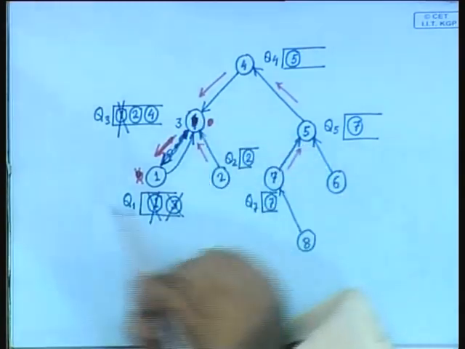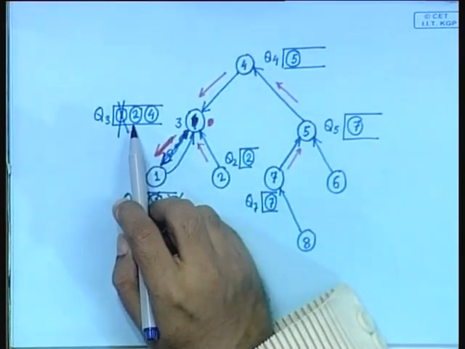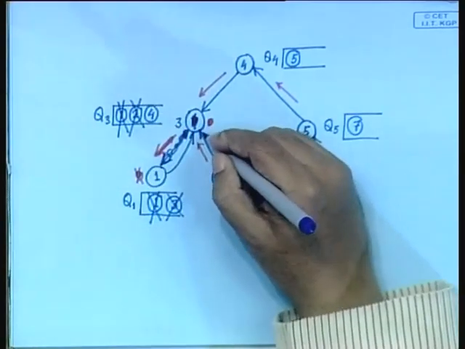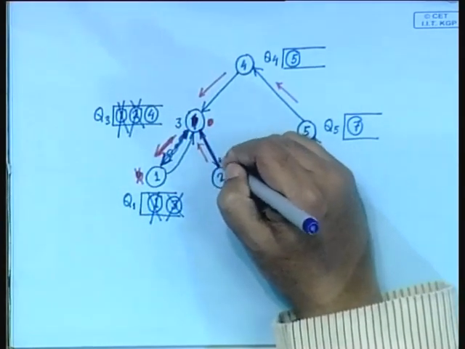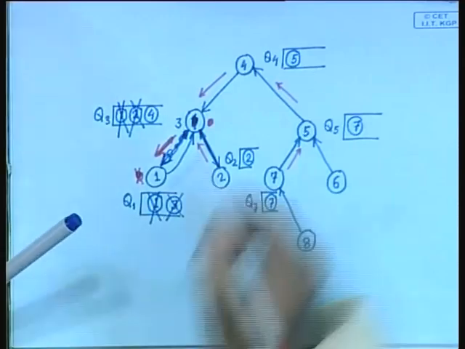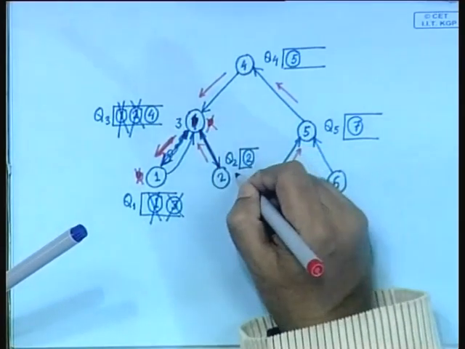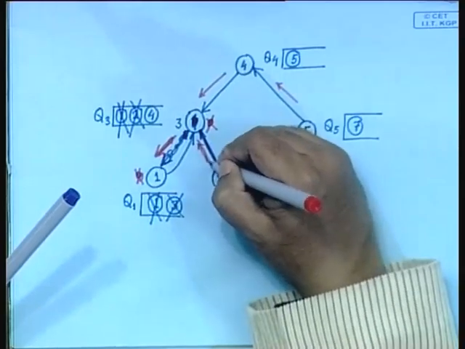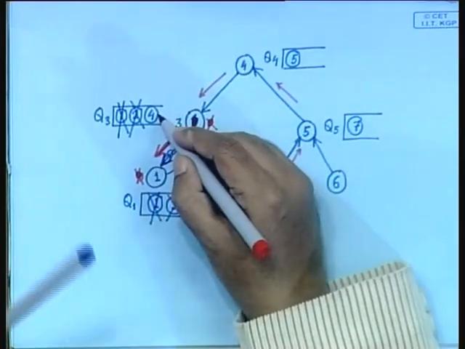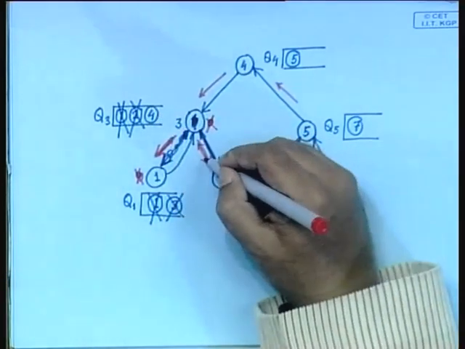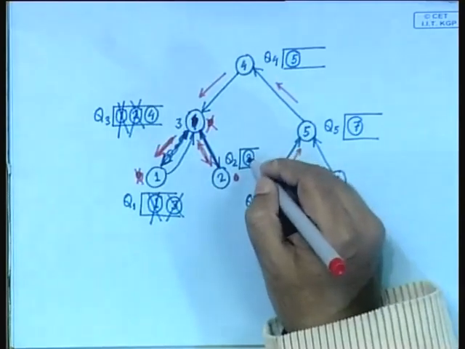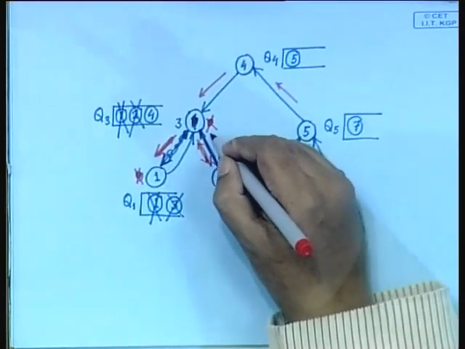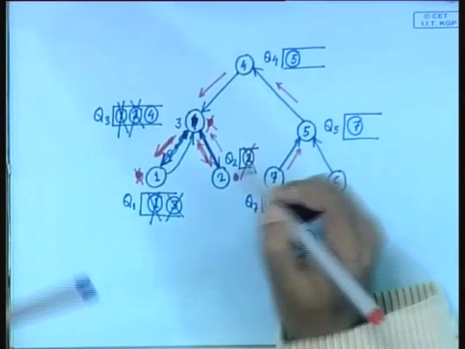Now, what does 3 do? 3 sees that 2 is the next in its queue. So, it removes this and sends the token to 2, right. Again the token is not here, it is here, right. And it also puts a request here because there is a pending request here for 4. When 2 completes, it sends the token back to 3. Why?